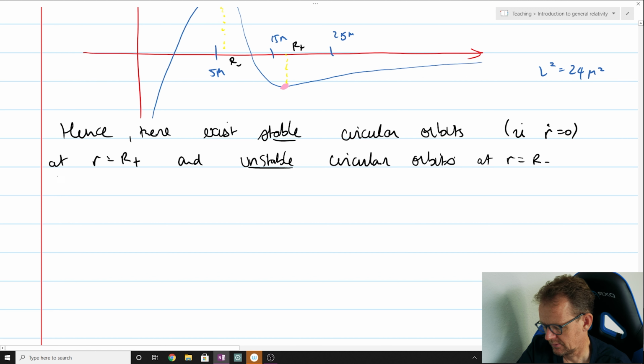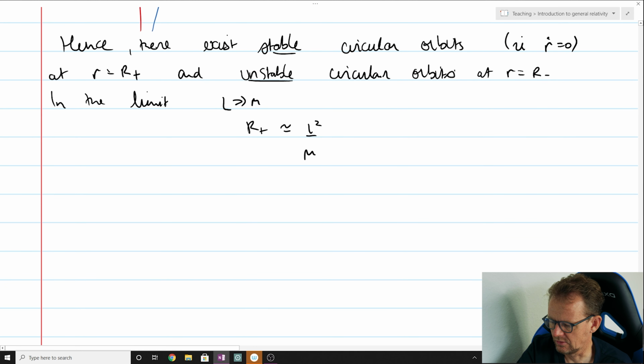And in the limit, right, we can get to the Newtonian non-relativistic limit to understand these points. R plus has the form L squared over m, which is the same as the Newtonian formula for the radius of a circular orbit.